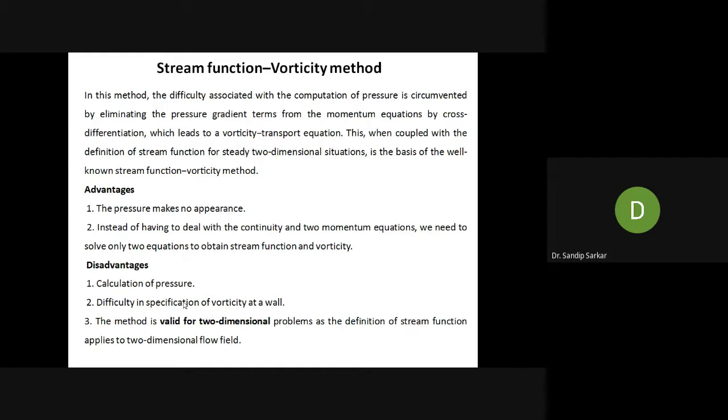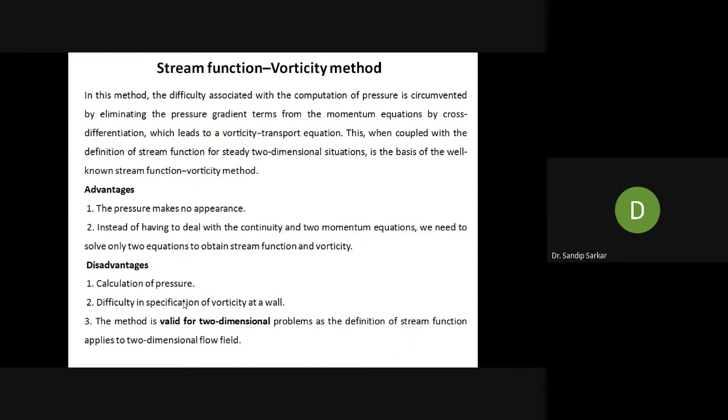And there is another problem: there are difficulties in specification of vorticity at the wall. So wall vorticity specification is very difficult, but that can be circumvented. There are certain specialized techniques I will discuss. The advantage is that it is very useful for two-dimensional problems, because there is no appearance of pressure.